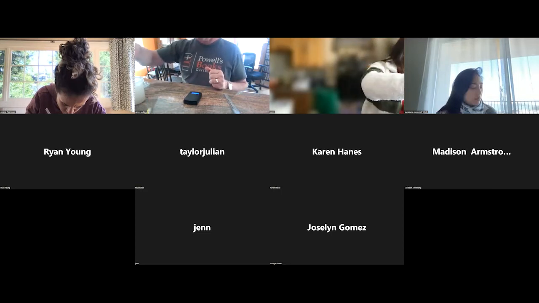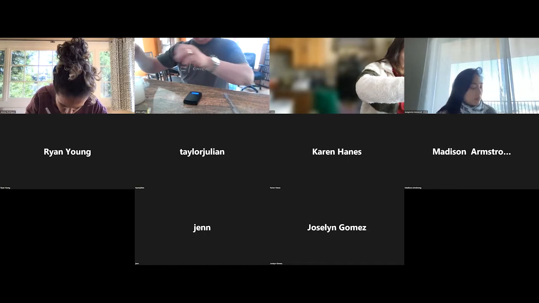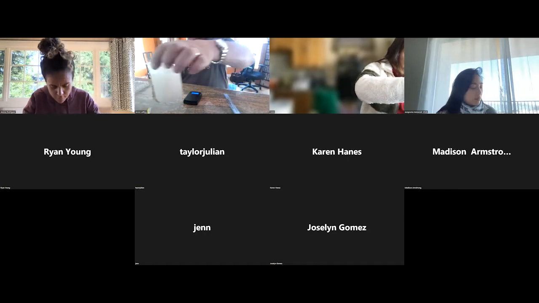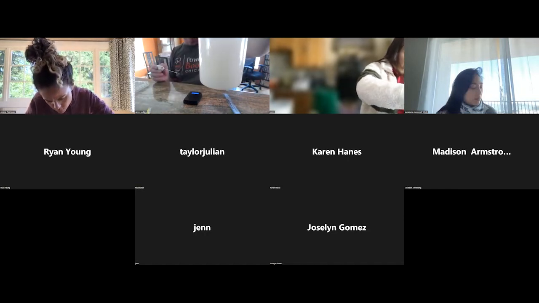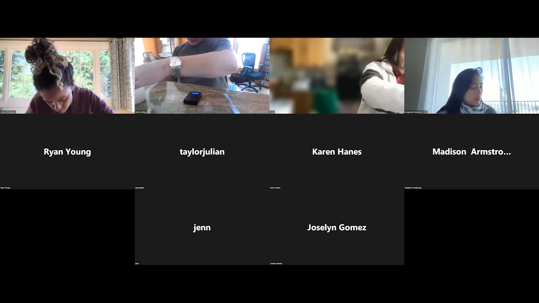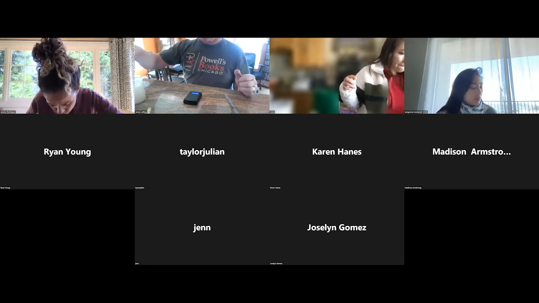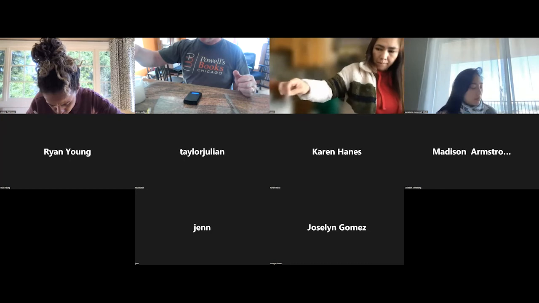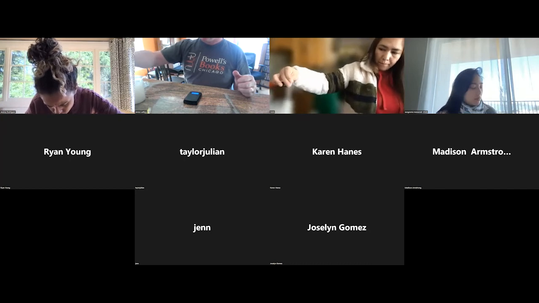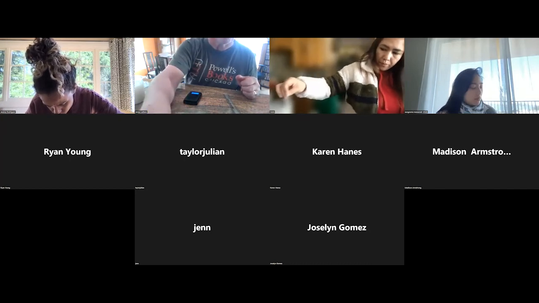The best smelling thing in the world. So it gets all cloudy like this. You just keep stirring it. See how long it says to stir this for.